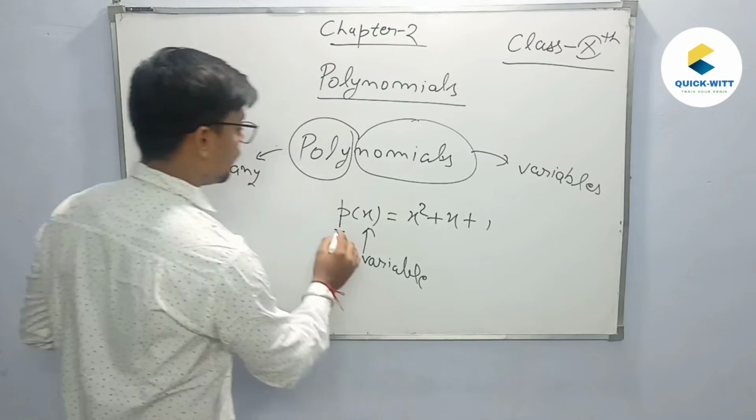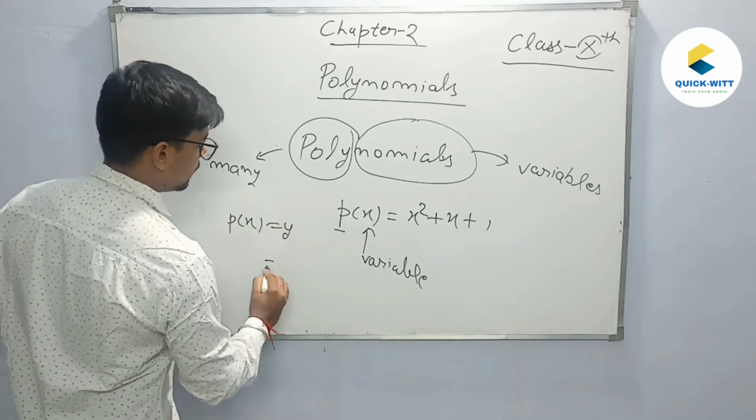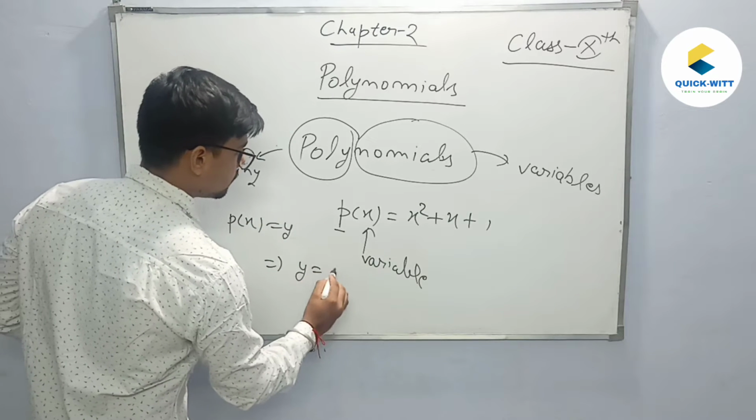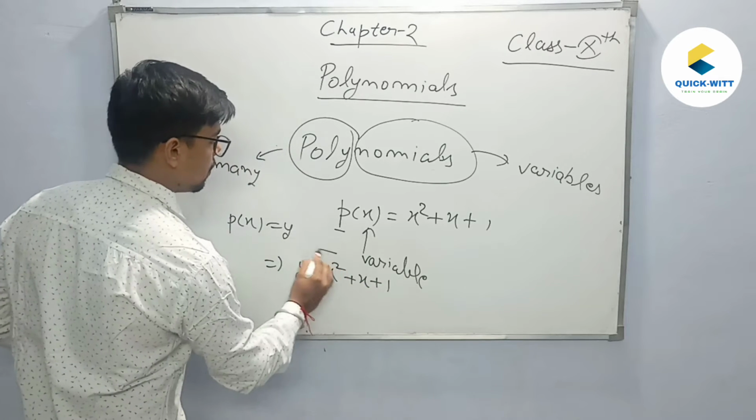If I write P(x) equal to y, then this polynomial becomes y equal to x square plus x plus 1.